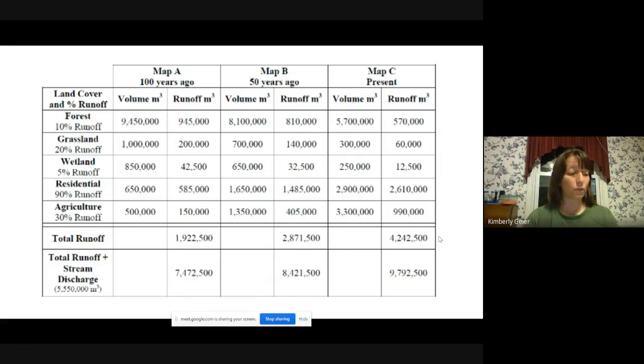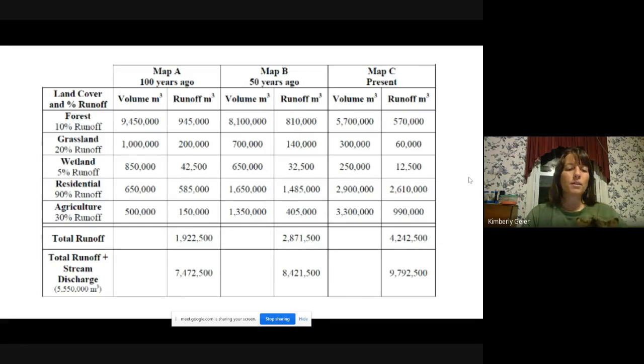So that could lead to flooding, and flooding can cause all sorts of problems with just the stream and even the surrounding houses or other land around the stream. So it can definitely affect our quality of water.